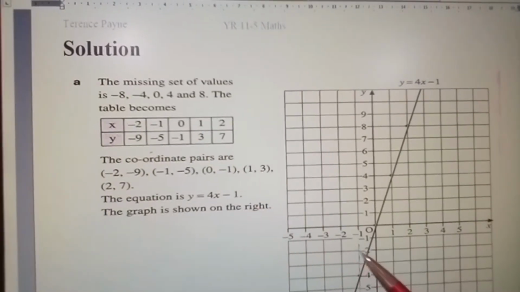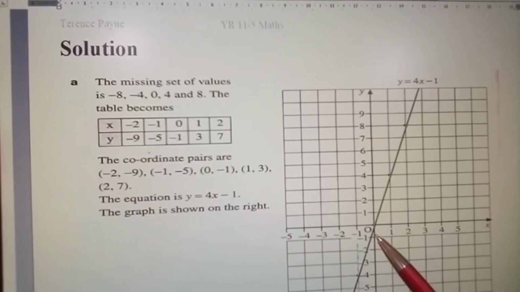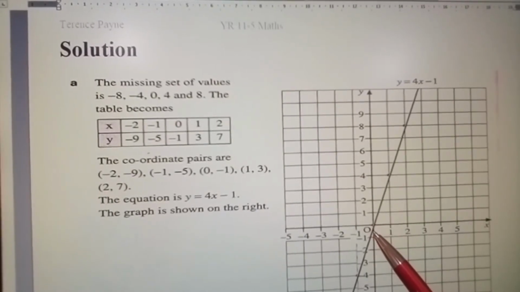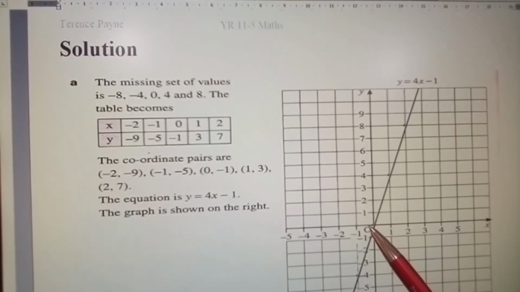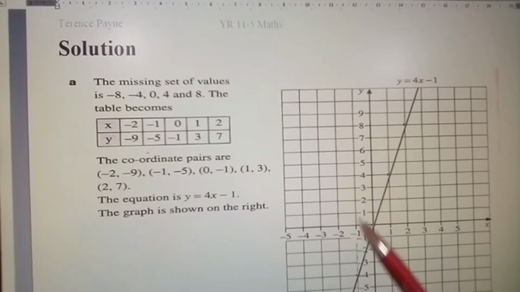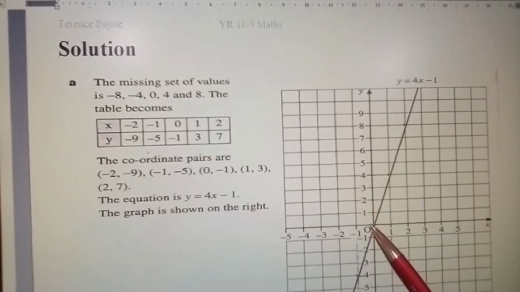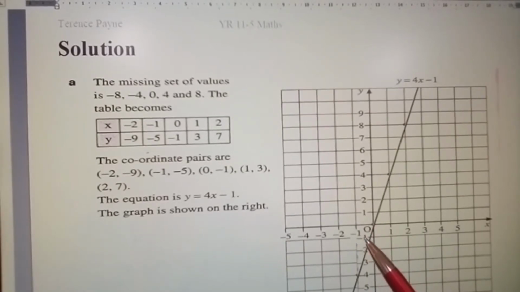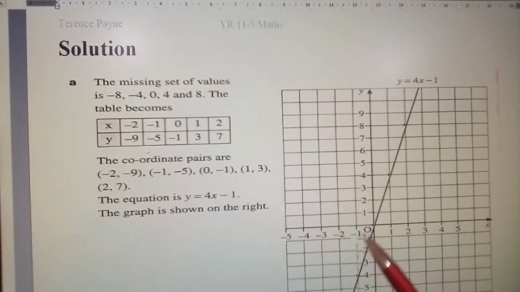Then you've got to note where x equals 0, then y equals -1. Where x equals 0, y equals -1. So I think they've made a slight variation here, but you can see the idea.